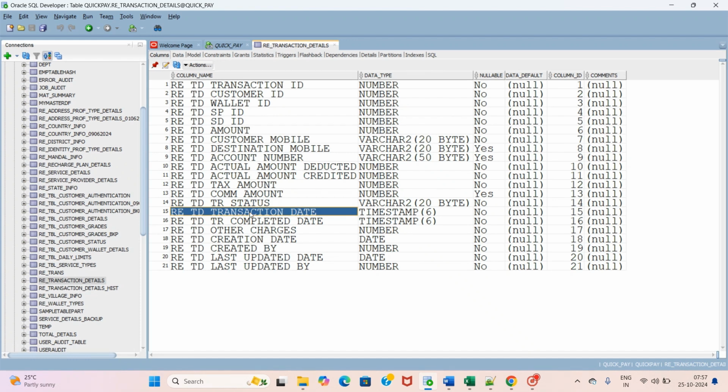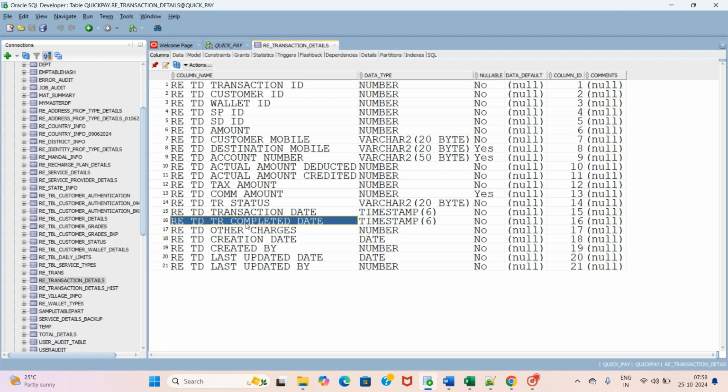See, transaction date. The next basic column is the transaction completed date. Means, you have sent the money from your PhonePe and it is pending until tomorrow. What is the transaction date actually? Today is the transaction date.